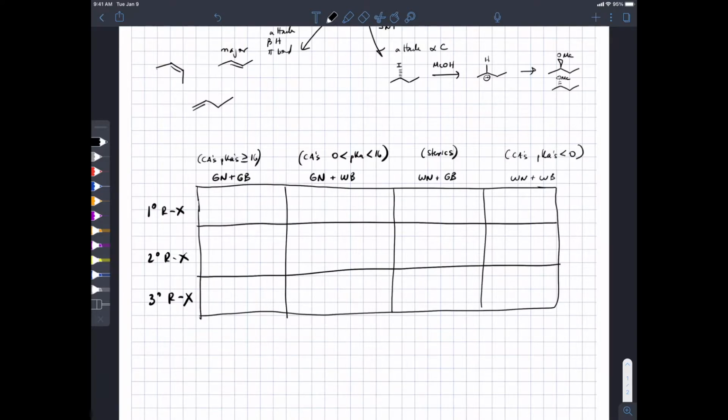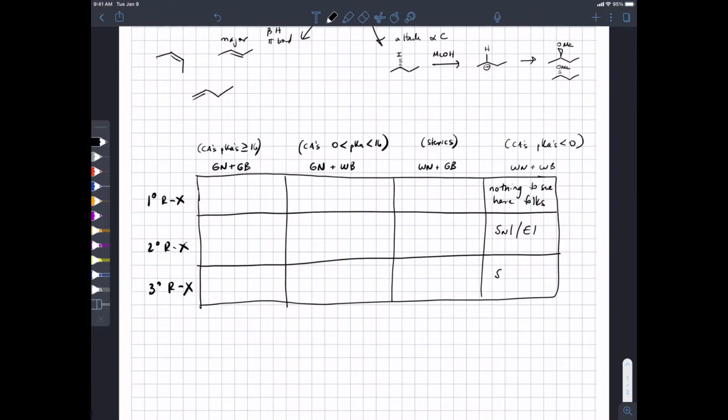There's basically nothing to see here, folks. But for secondary alkyl halides, are carbocations reasonable intermediates? Sure. And so we would expect to see SN1 and E1 products for secondary alkyl halides. Same thing for tertiary alkyl halides. The weak nucleophile/weak base waits for the leaving group to leave, and then you get a competition.